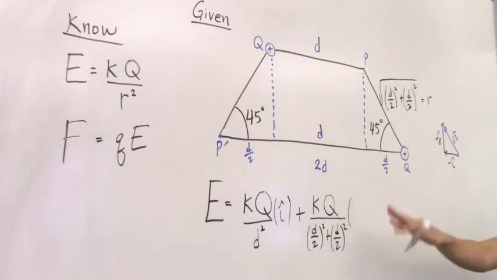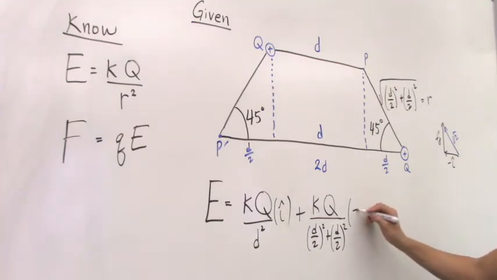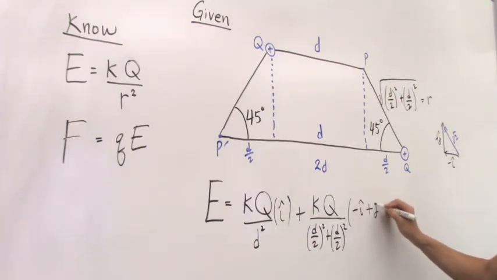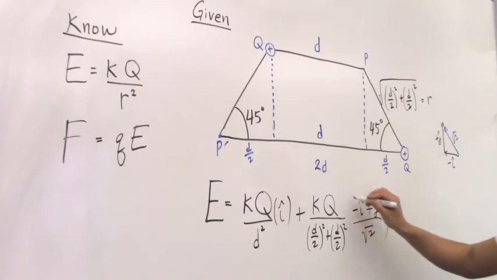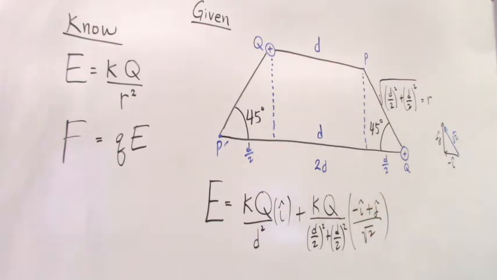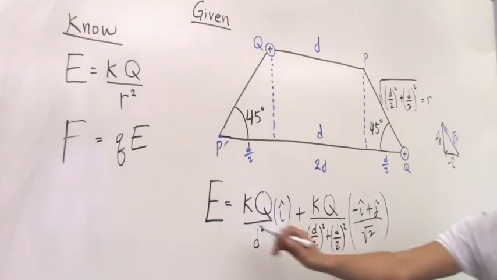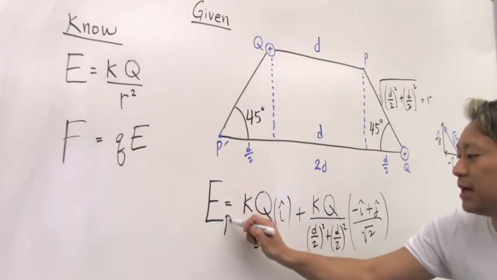So we're multiplying by root 2, so we have to get rid of that extra factor. We have to scale it back. So it's going to be minus i hat plus j hat, divided by root 2. And from there, we're done. That's the electric field at point P. Right? It's pretty easy, right? Let's put that: electric field at point P.